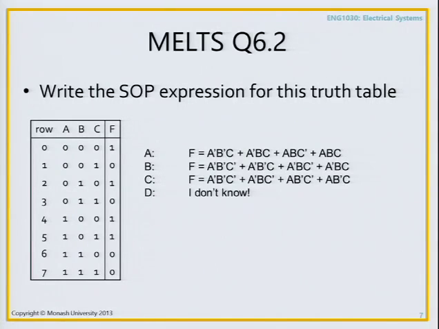And if you don't know, then just say you don't know. That's fine. So remember, the sum of products is saying the output is row something, or row something, or row something, or row something.